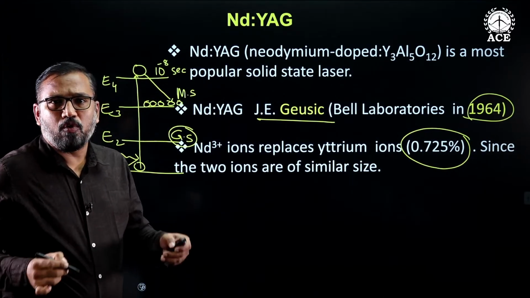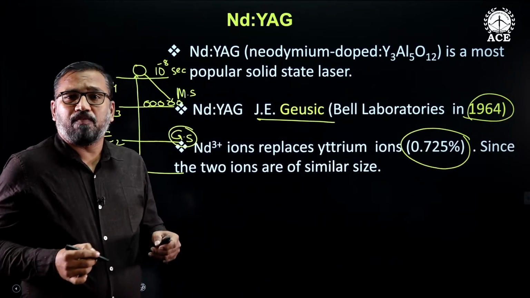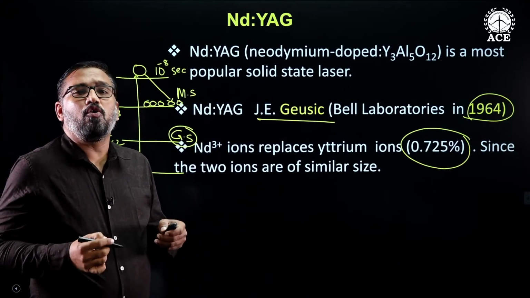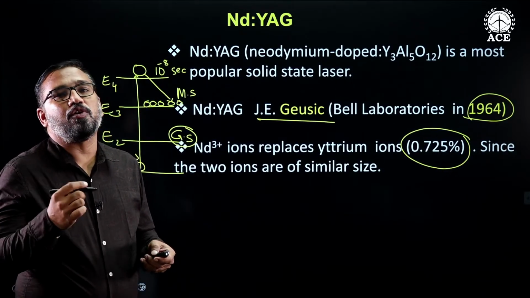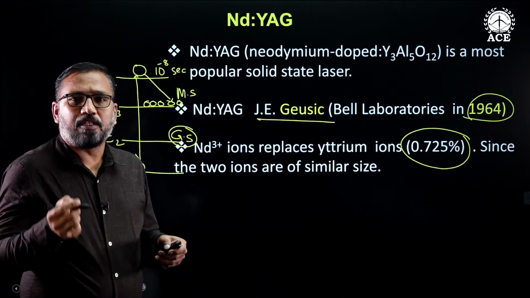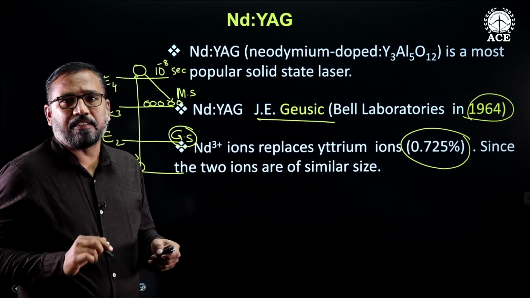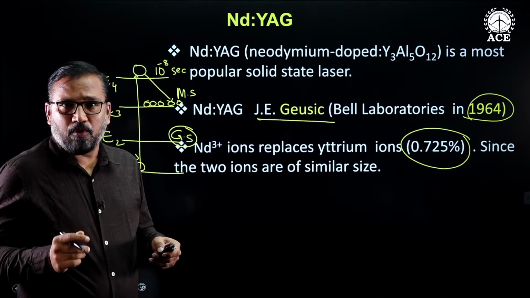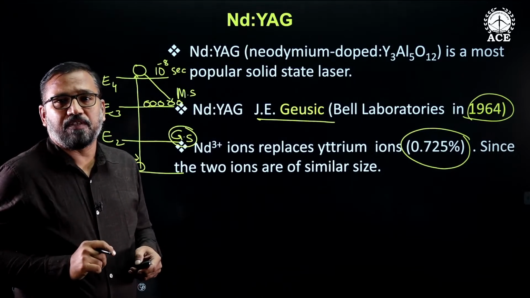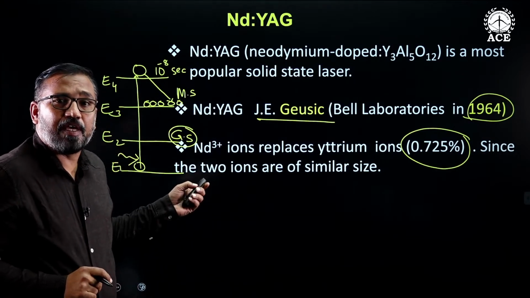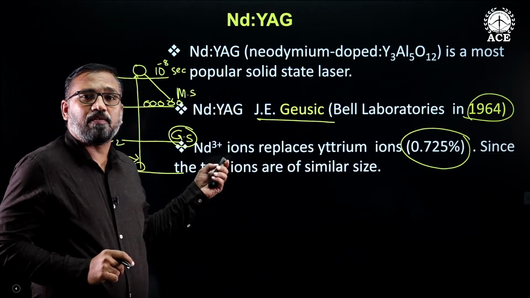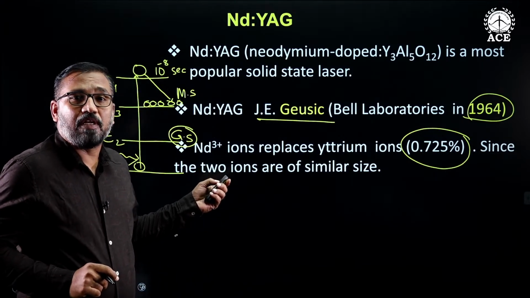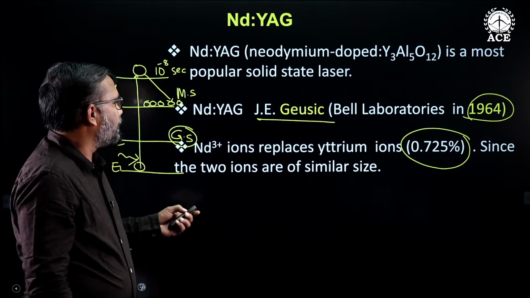When you can maintain population inversion for a longer time, the output laser is of continuous form. In the ruby laser, which is a 3-level laser, it is not that possible to maintain population inversion for a longer time. Here we can. This is the 4-level laser.